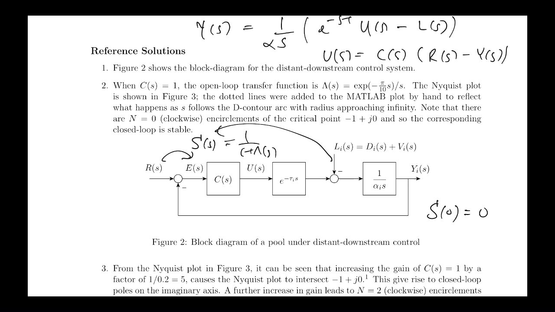It will be 1 on alpha s times the sensitivity function, all right? So the sensitivity function having this property means that the sensitivity function as a function of s must have a factor s out the front. That's what it means for S to be 0 at 0.